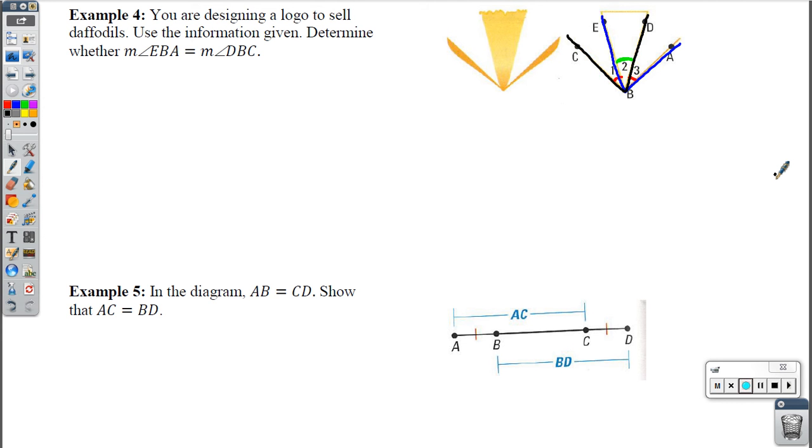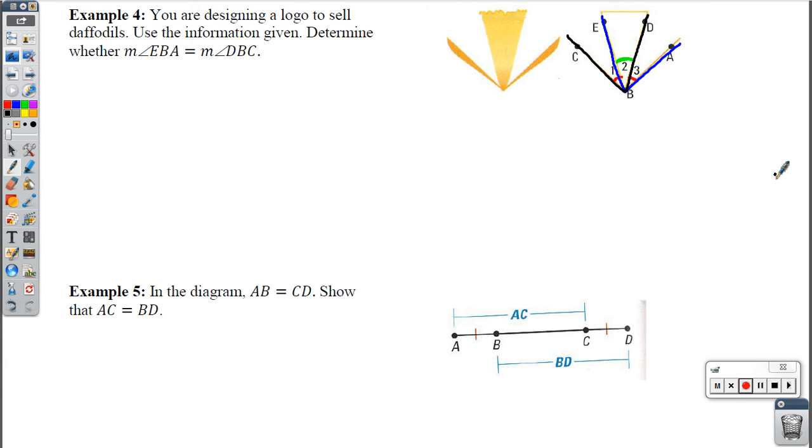So they both share that green part, and then they each have the red part, but the red parts are congruent. So if they share the green part, and the other part of each angle is two pieces that are congruent, then yes, they must be the same as each other. They must be the same angle, because one part is shared, and the other part is the same as each other.